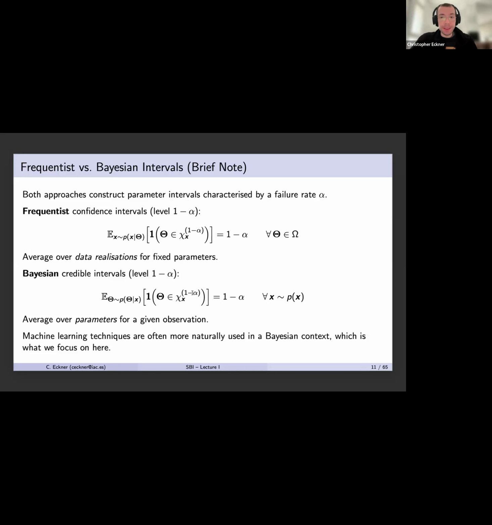This is a hard problem to solve for a Bayesian statistician because it requires you to sample a lot of times on the posterior, and this can be expensive. So also there, machine learning can help.